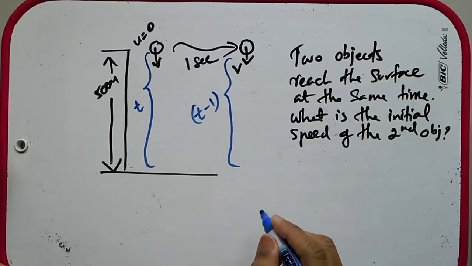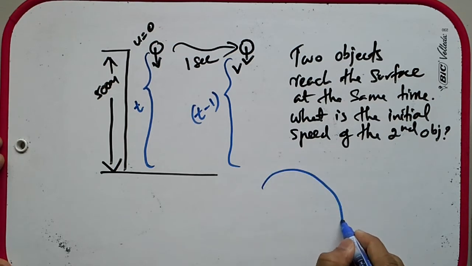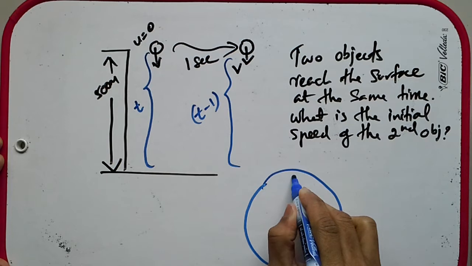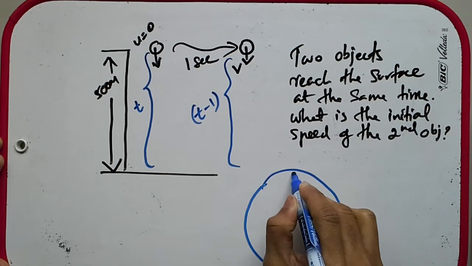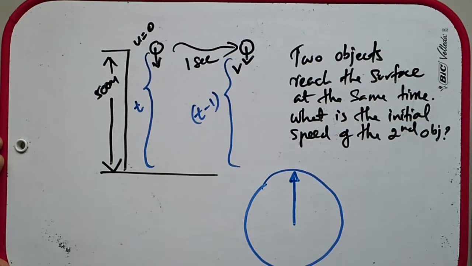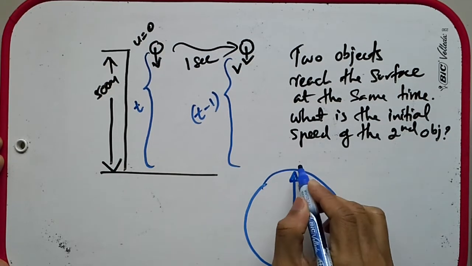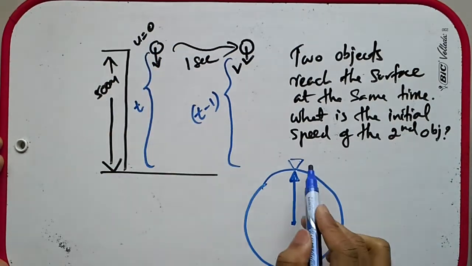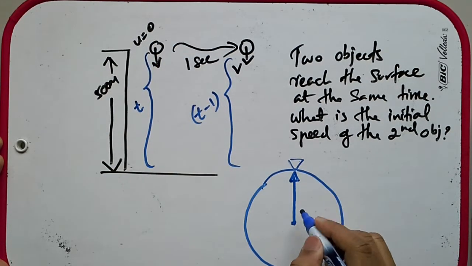Let me explain this way. Let's assume you have an analog stopwatch. So this is our needle. When you drop the first one, you press this, so this starts to move.